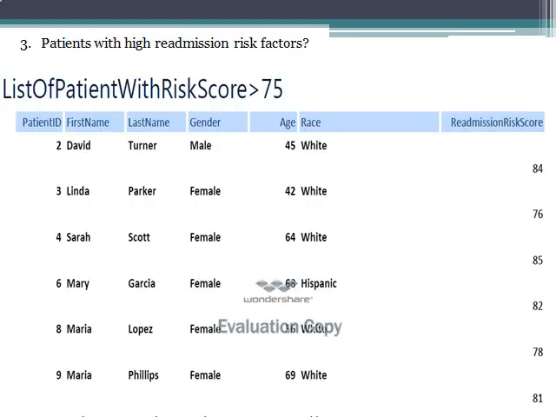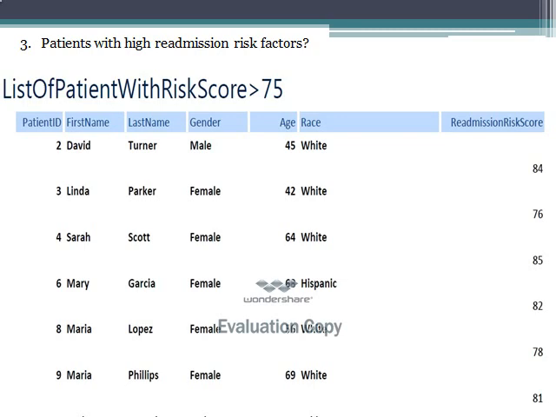Our third and fourth reports help to manage readmissions. The solution identifies patients with high risk scores. The higher the risk score, the higher are the chances of readmission. As you can see in the report, the last column gives the information of readmission risk scores.